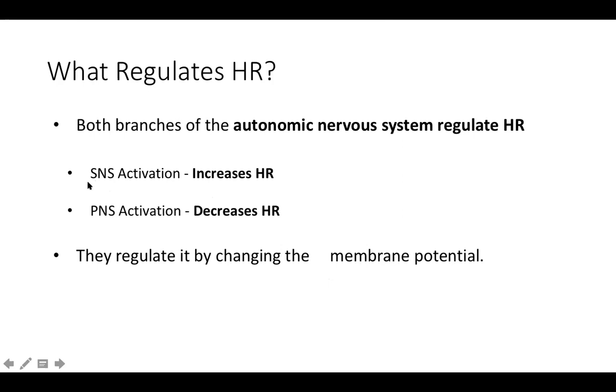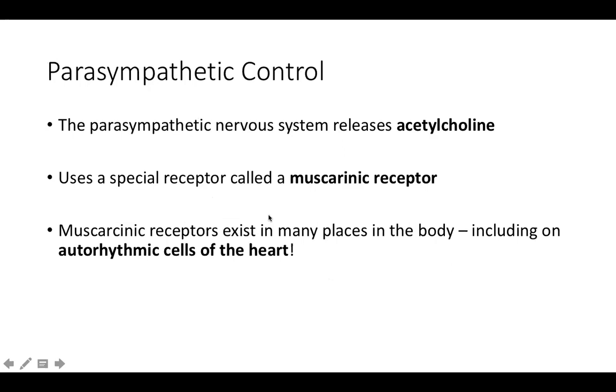So sympathetic nervous system, fight or flight, will increase heart rate. Parasympathetic nervous system, rest and digest, decreases heart rate. And we're going to talk about how this happens. So the parasympathetic nervous system, it works by releasing acetylcholine. That's a very high-level overview of it.